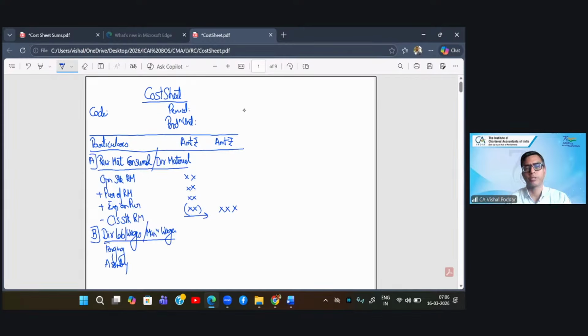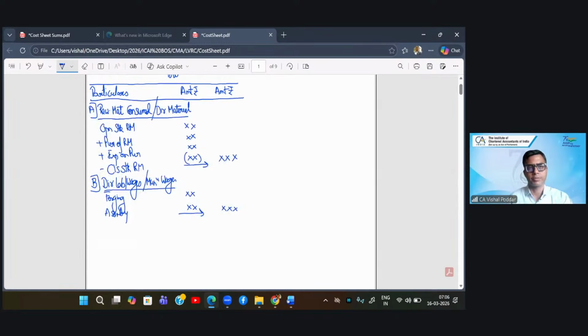These are the functions performed. Again, in the inner column, the labor cost is given. In the outer column, you have your total direct labor cost. Then comes direct expenses, which many times will also be the royalty. Now, the total of this is prime cost, correct?